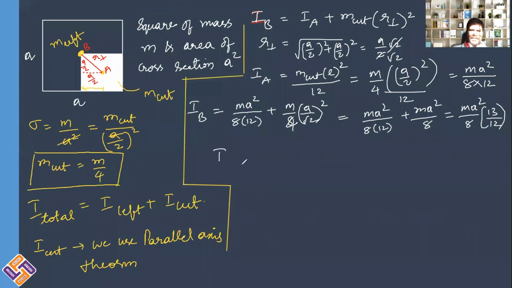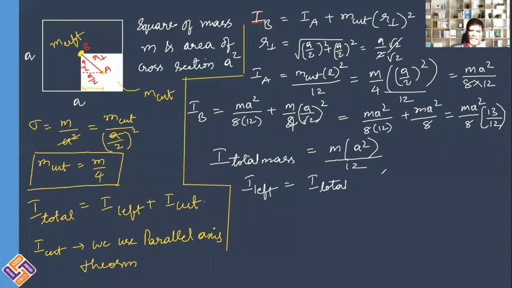So the moment of inertia of the total mass is equal to m a square divided by 12, because the axis is at the center. Now I can write the moment of inertia of the left portion is equal to the moment of inertia of the total mass minus the moment of inertia of the cut portion.